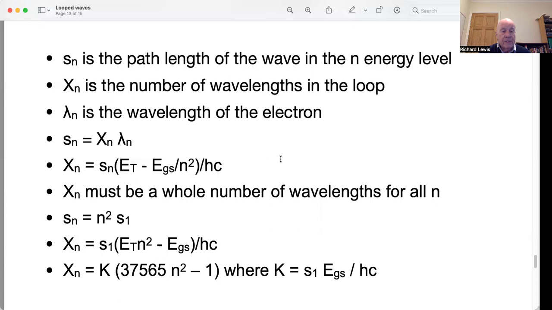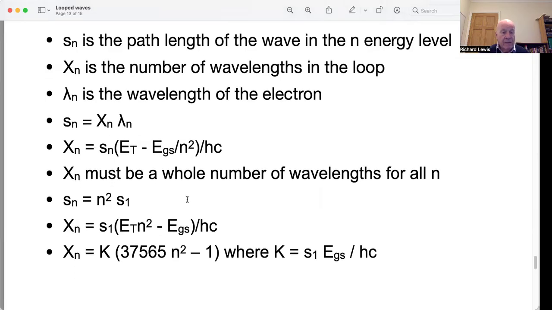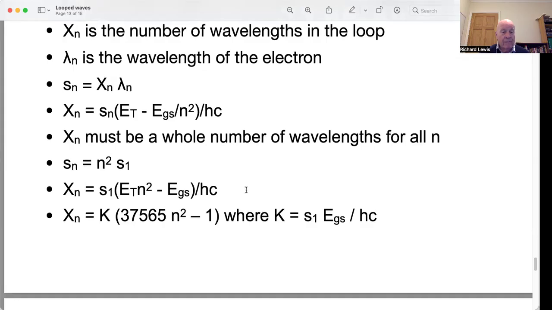And we know that Xn must be a whole number of wavelengths for all possible values of n. And that then places constraints on Sn, and we must have the case that Sn is equal to n squared times S1. And we substitute that into the formula, and we get this expression for Xn.